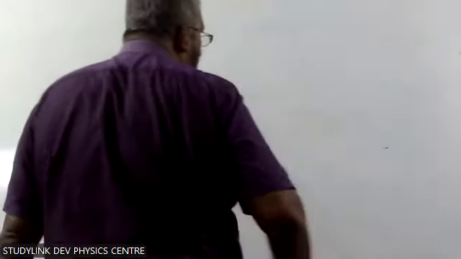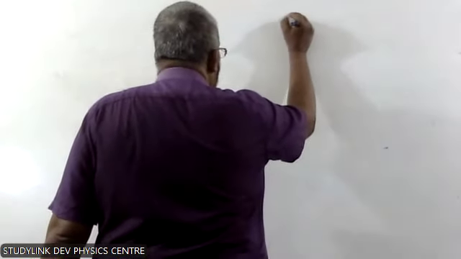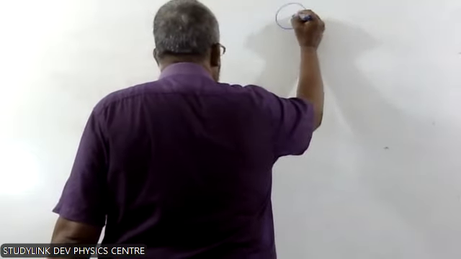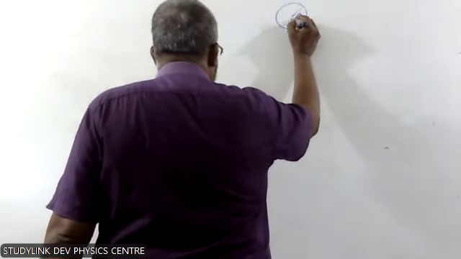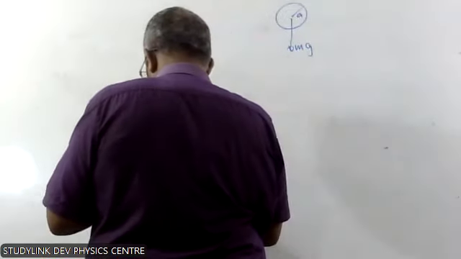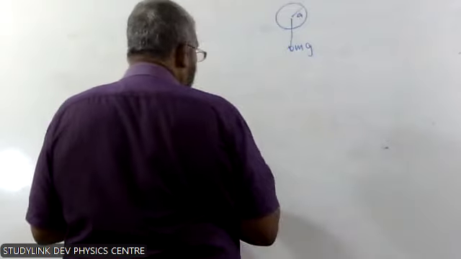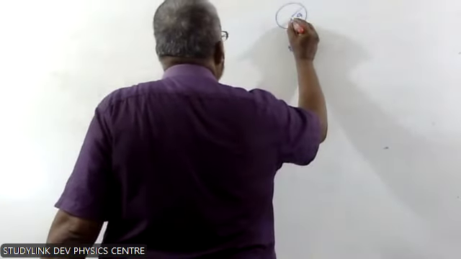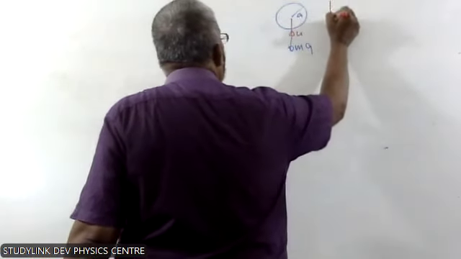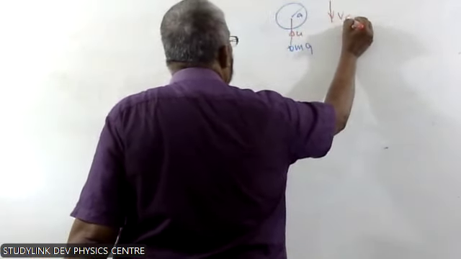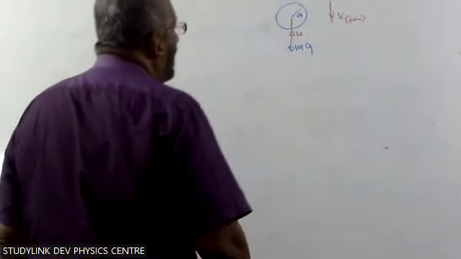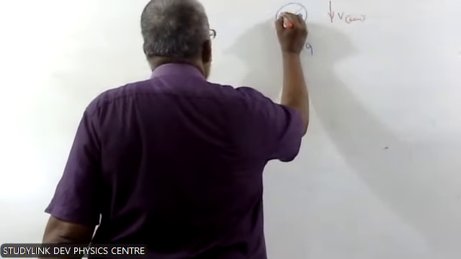Now we'll consider the situation. Here the sphere radius is a, then downwards you get mg, mass is m, weight is mg. That's falling downwards. Upthrust u is acting upwards, and terminal velocity v, and this density is rho.